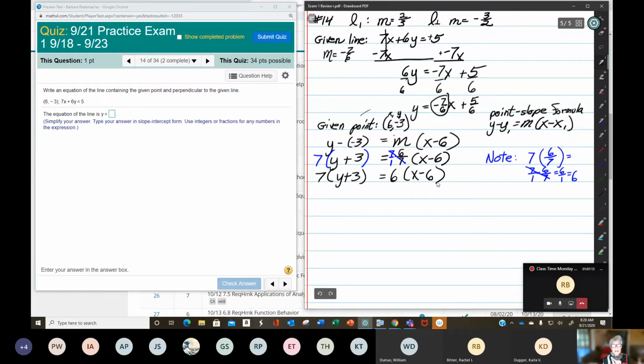And then I'm just going to work this like a normal problem because the fractions are out of the way and I know how to handle this. I'm going to distribute, which is just the name of multiplying a number into parentheses where you have more than one term.